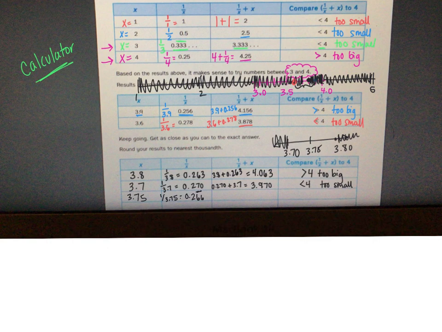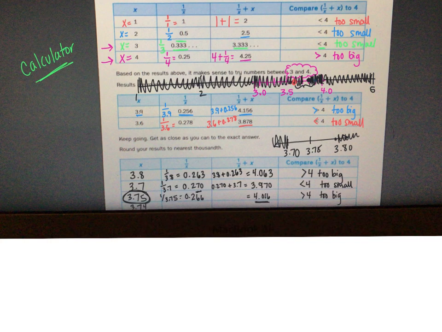When I add 3 and 75/100, and I add 266 thousandths to it, I end up getting an answer of just over 4. Now, I know some of you want to keep going, and if you certainly want to, you're welcome to go just a tad bit smaller, maybe try 3 and 74/100 and see how close you can get. I know it becomes a competition for some of you. However, I think at this point it would be safe to say that we got pretty close to 4 when we used 3 and 75/100.